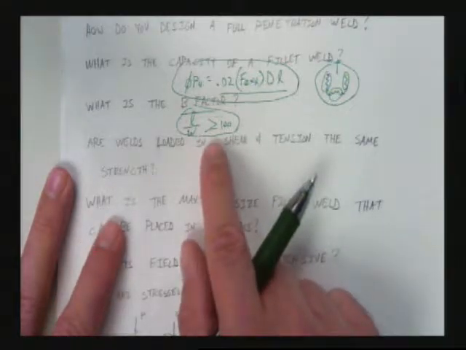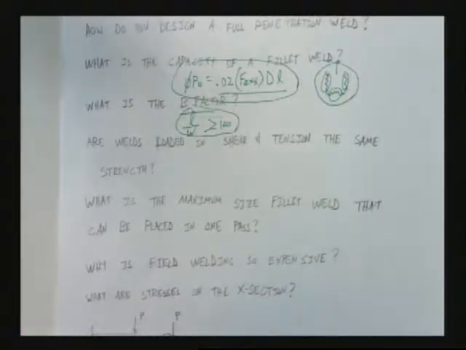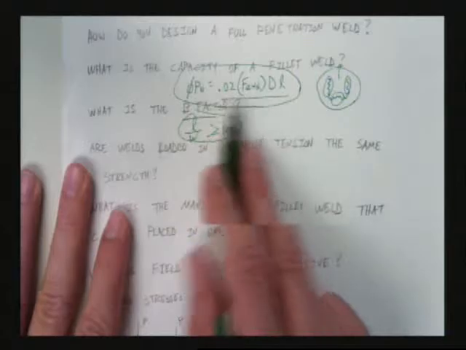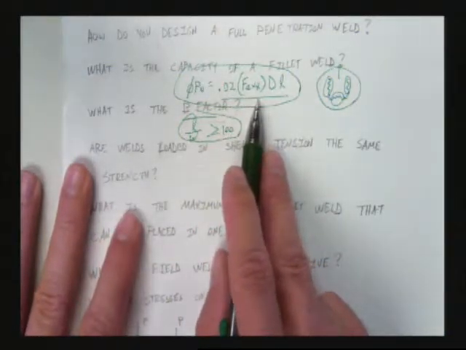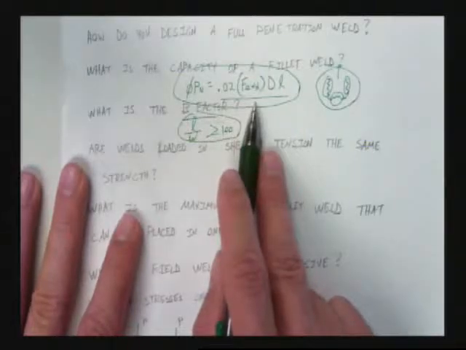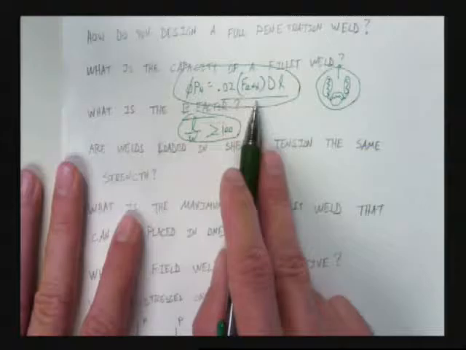The other issue is that the stresses are higher at the beginning and the end of the weld, typically. When we use this calculation, we're not quite assuming the entire weld is at its capacity, but it's a conservative assumption. There's a lot of conservatism built into bolts and welds.